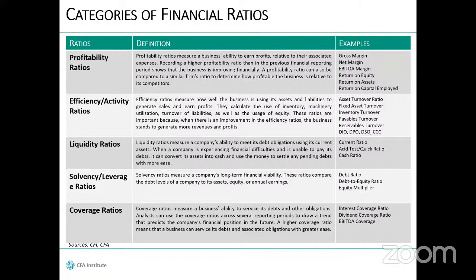It could be net profit, whatever name it is in the financial statement. Some people will say profit after tax. But that profit line item, after you have deducted tax, divided by your revenue. So net income or profit after tax divided by revenue. That's net margin.